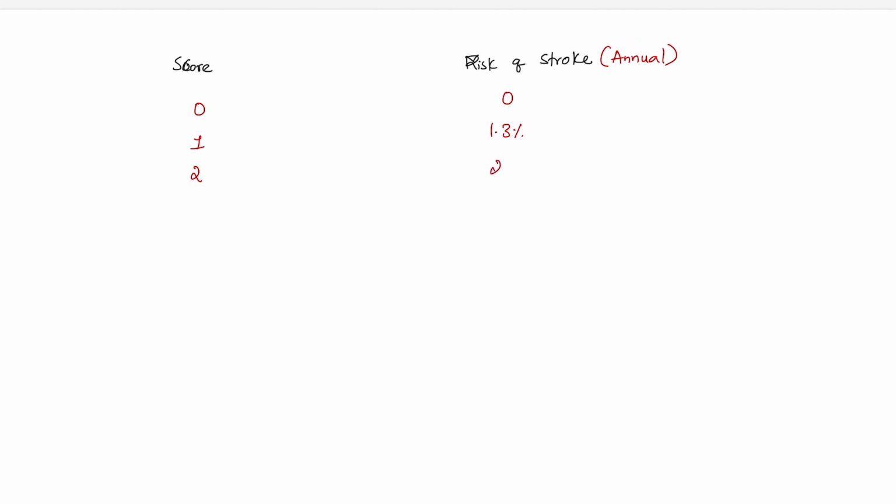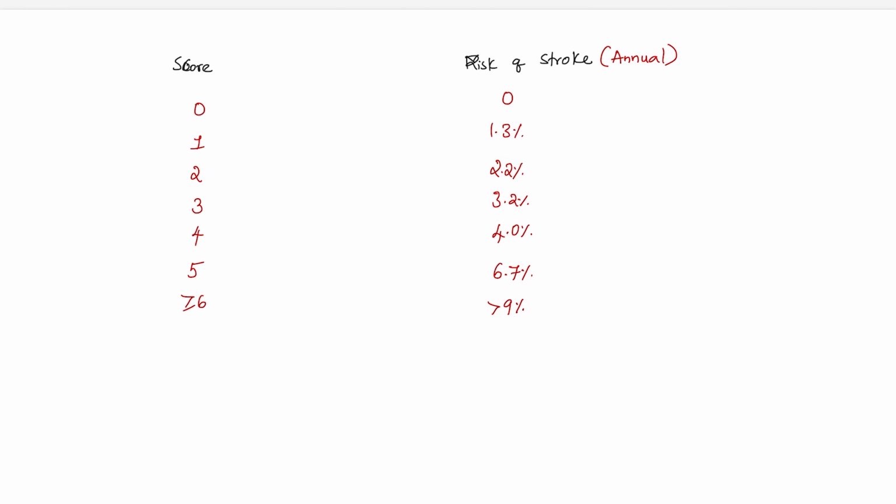If the score is 2, it is 2.2%. If the score is 3, then the risk is 3.2%. If the score is 4, then the risk is 4.0%. If the score is 5, then it is 6.7%. If the score is 6 or more, the risk is more than 9%. It changes. If the score is 7, it will be around 10.2%.